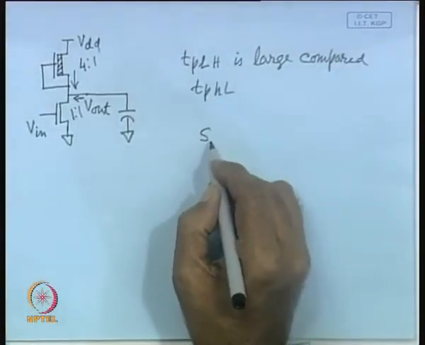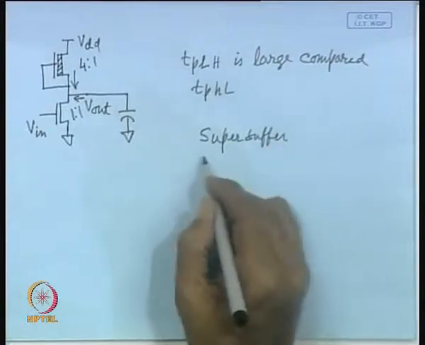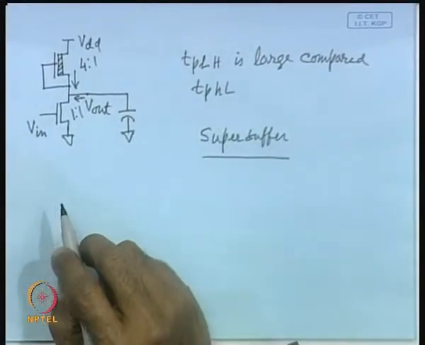So, question naturally arises, is there any way by which these two problems, number one is asymmetric behavior, number two is the pull down device has to sink the current of the pull up device when the output is going from high to low. So, that is where we shall introduce super buffer. Super buffer will overcome these two problems.